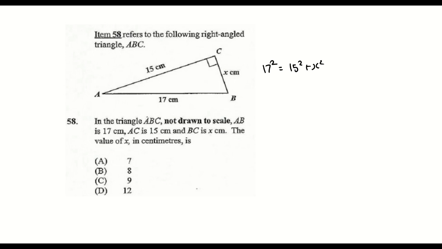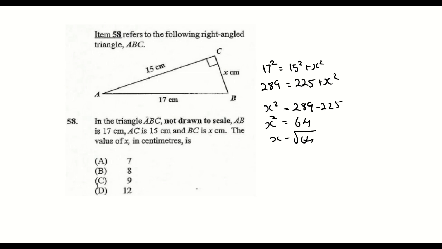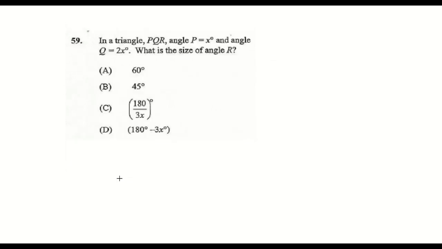Let's do this properly: 289 equals 225 plus x squared. So x squared is 289 minus 225, which is 64. So x equals the square root of 64, which is 8. So B is your answer.